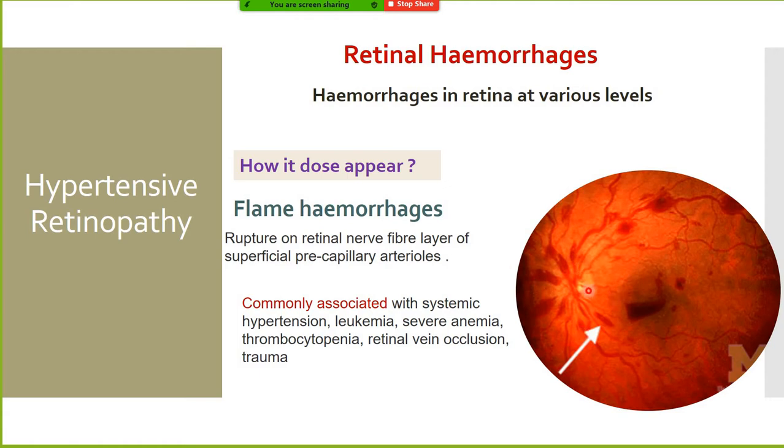Flame shaped hemorrhages are usually a rupture of the superficial precapillary arterioles in the retinal nerve fiber layer. When there is a breakage in the precapillary arterioles, there will be a flame shaped hemorrhage. It is not like a dot or blot hemorrhage.